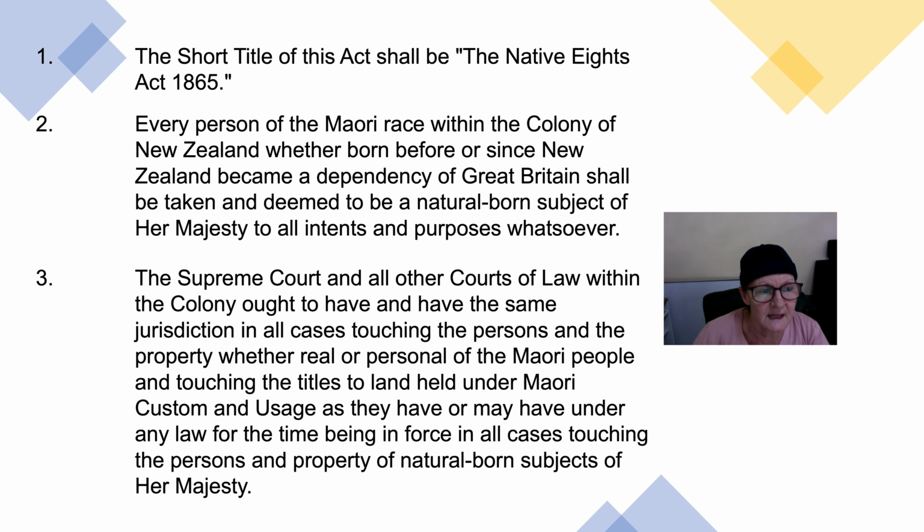The judge says every person of the Maori race within the colony of New Zealand, whether born before or since New Zealand became a dependency of Great Britain, shall be, here you see it here, shall be taken and deemed to be a natural born subject of Her Majesty to all intents of purpose.